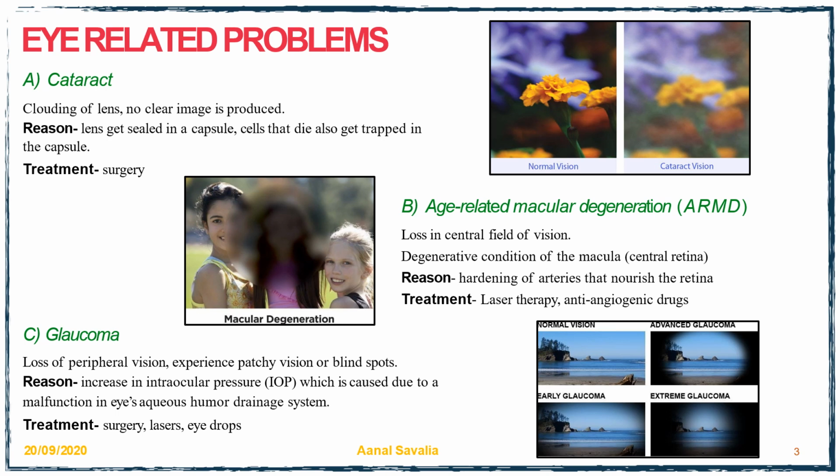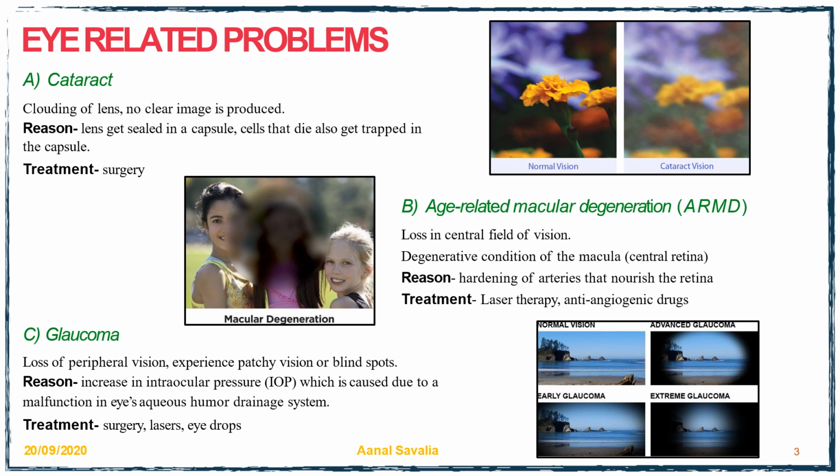Glaucoma is usually caused by increased IOP, usually resulting from a malfunction in the eye's drainage system. Increased IOP can cause irreversible damage to the optic nerve and retinal fibers, and if left untreated can also result in permanent loss of vision.